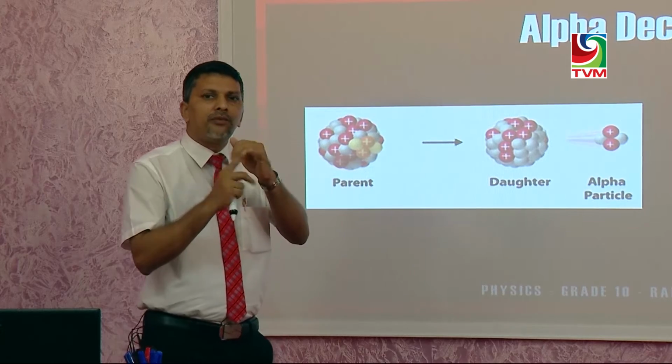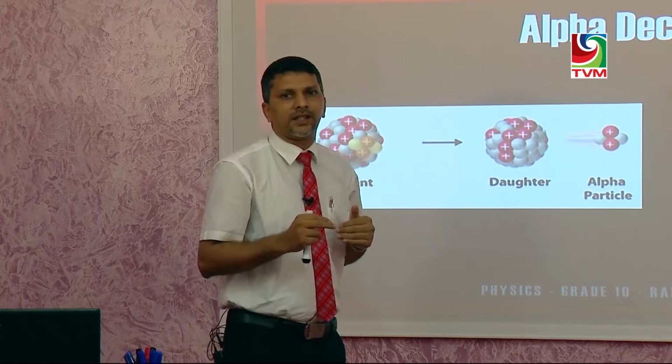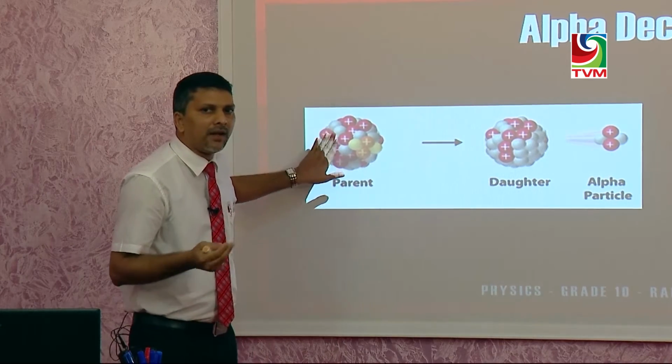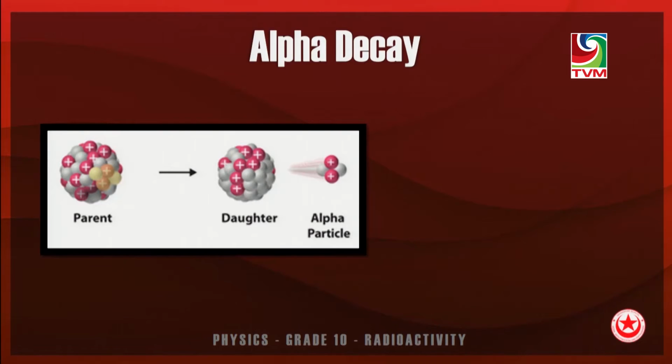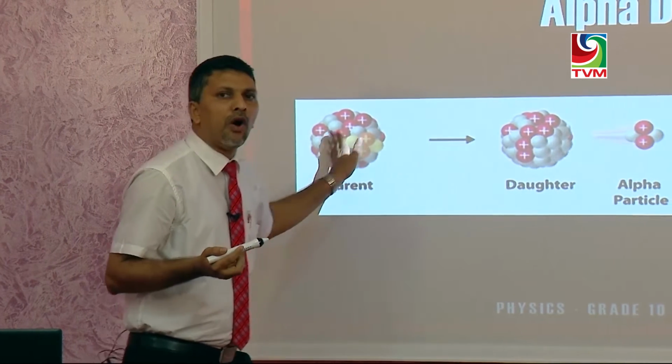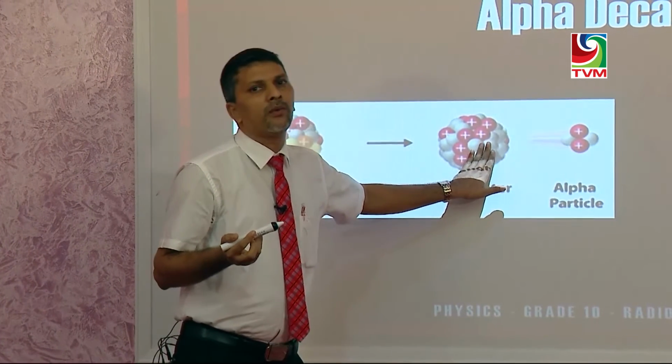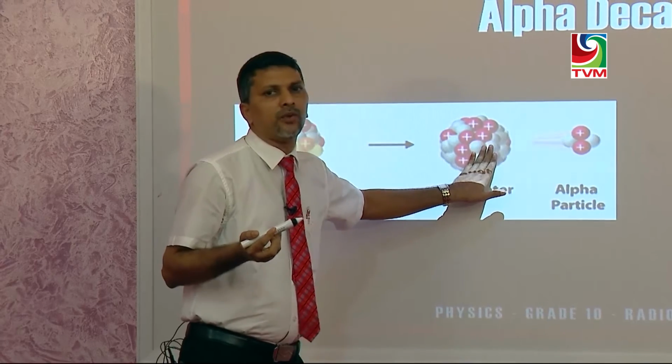This is the parent element, an unstable nucleus. The unstable nucleus emits an alpha particle, then forms a new atomic nucleus.